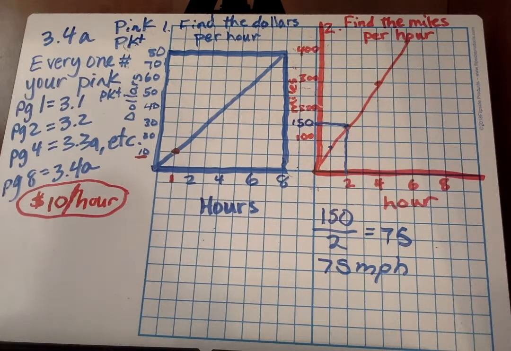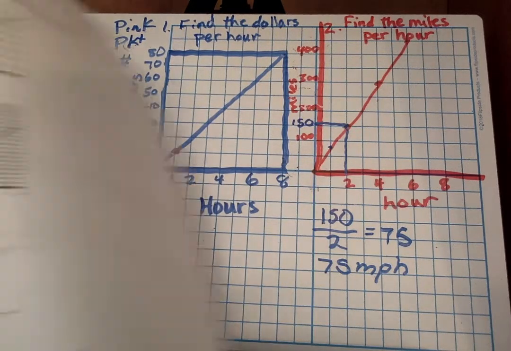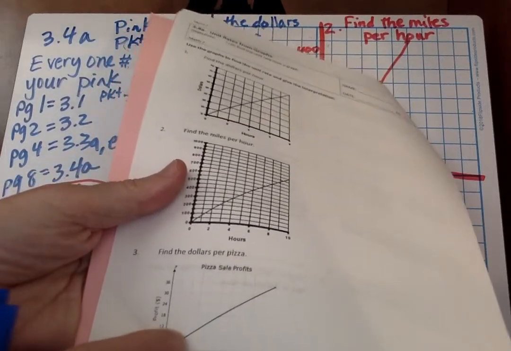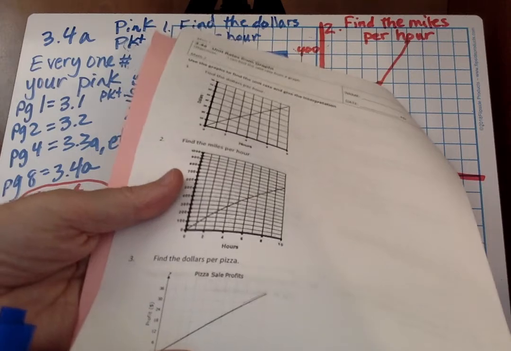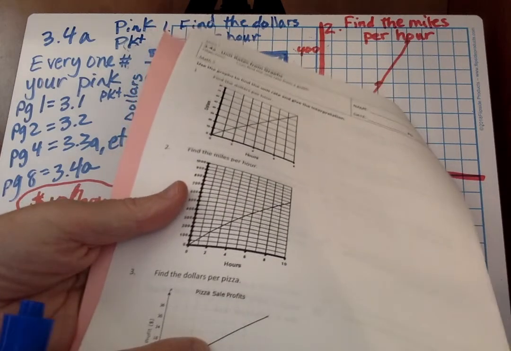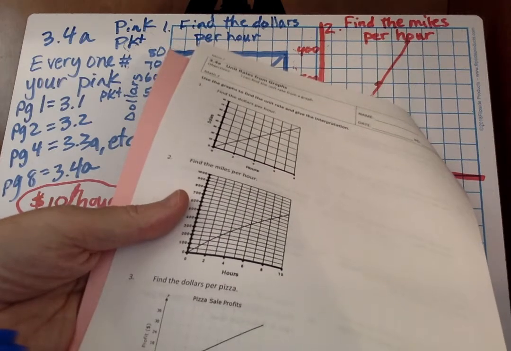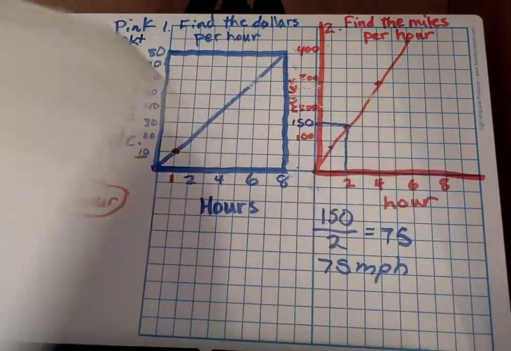The next one is super light on there. I didn't draw it out, but it's pizza sales profits. And again, you're trying to find where it crosses. And I see 10 pizzas. Looks like it crosses at $18. So if we go 10 pizzas, $18, I would say that's pretty cheap.